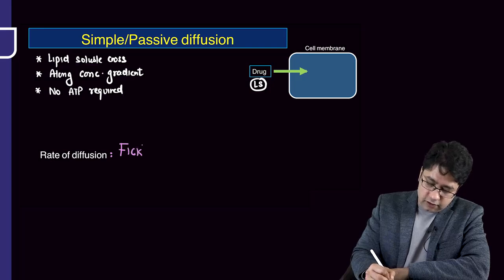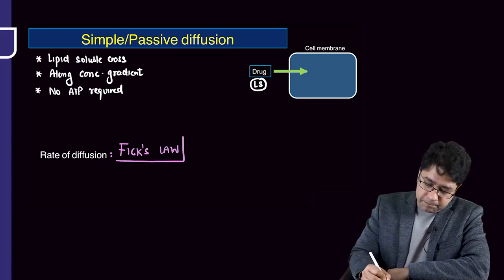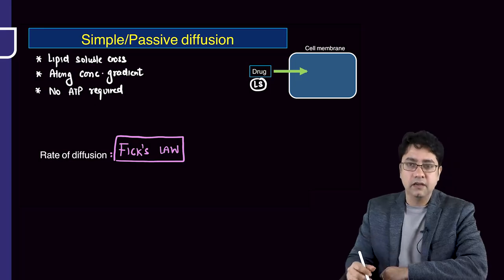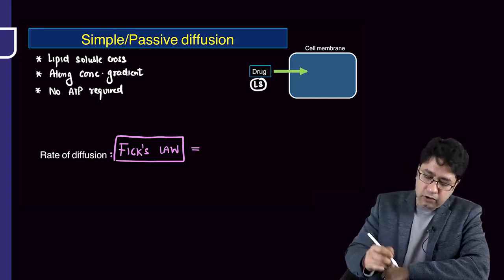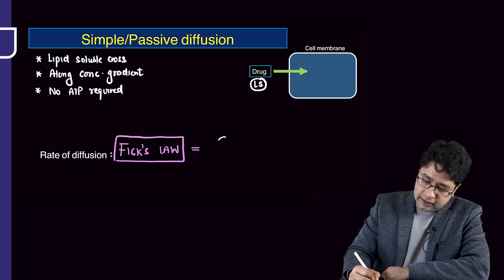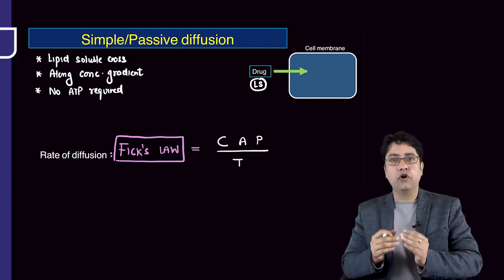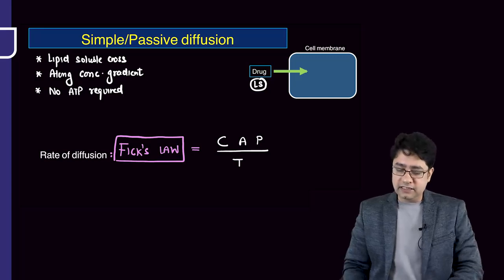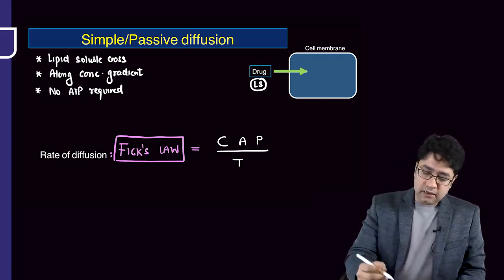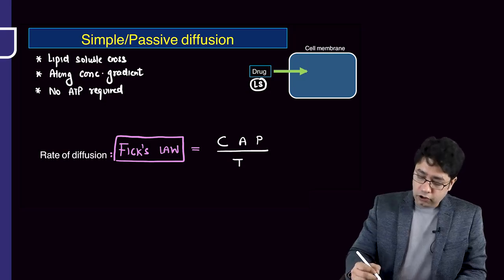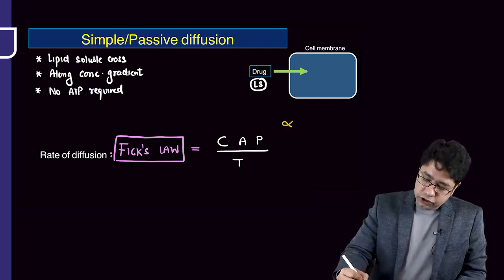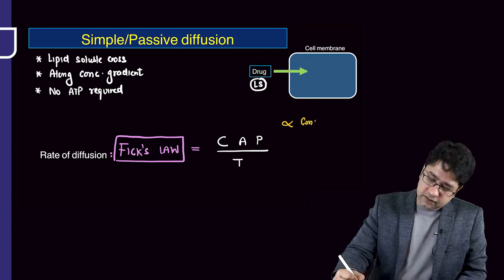So Fick's law tells us about the rate of simple or passive diffusion. And Fick's law is very simple to remember. Just remember the word CAP, and in Hindi you call cap as topi. So CAP upon topi. Now C stands for concentration: the rate of diffusion will be directly proportional to the concentration of the drug.